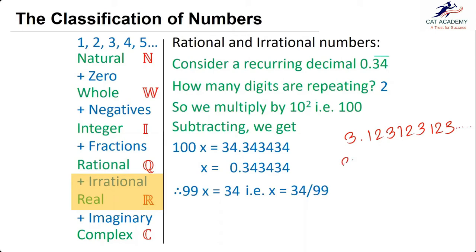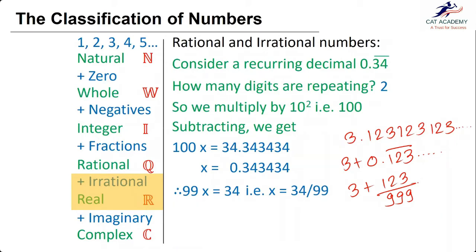So let's write it as 3 plus 0.123 bar. So if there are 3 digits recurring, then division must be by 999. I will write it as 3 plus 123 by 999. So what you do is you separate out the integer part and the repeating part.